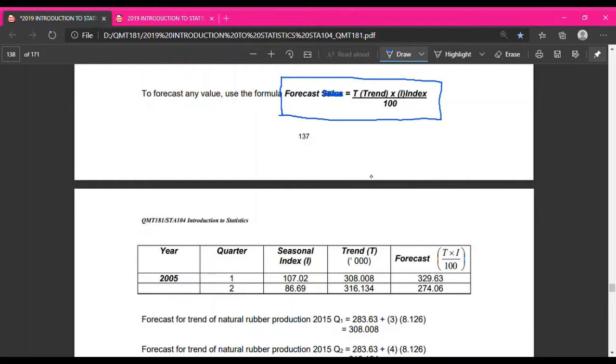Index means the seasonal index divided by 100. Earlier we wanted to forecast the production for the first quarter and second quarter of 2015. For the first quarter, the seasonal index is 107.02, and for the second quarter, the seasonal index is 86.69. We put them here.